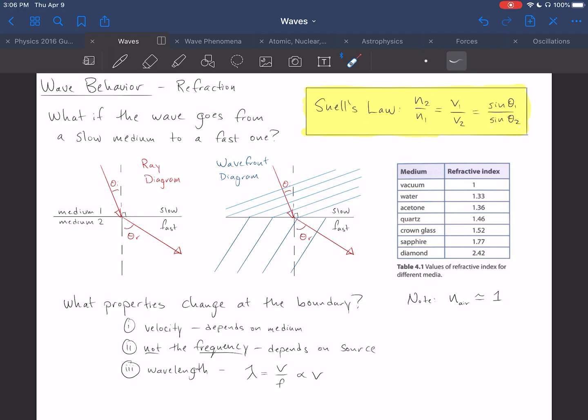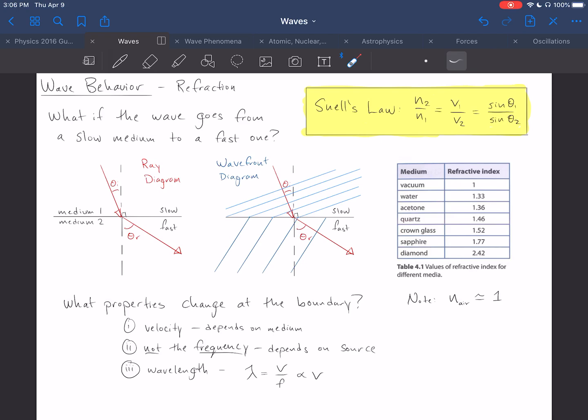And we simply apply Snell's law for the two materials, material 1 and material 2, in order to find the relationship between those angles. And you'll see several examples of that, both in the homework and in the notes here. Notice here are some typical indices of refraction. You'll see one of the things that makes diamond particularly valuable is that the index of refraction is so high.